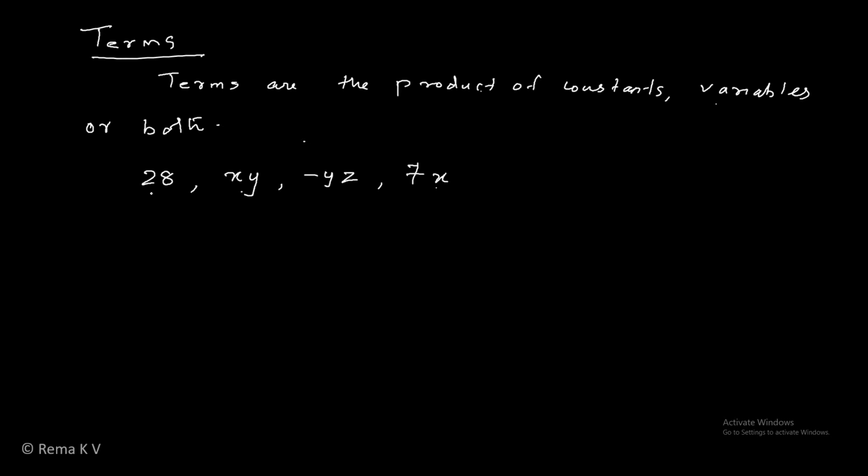So examples are 28, xy, minus yz, 7x. You can write any example like this. Minus 3y, 7.5x. All these are examples for terms.